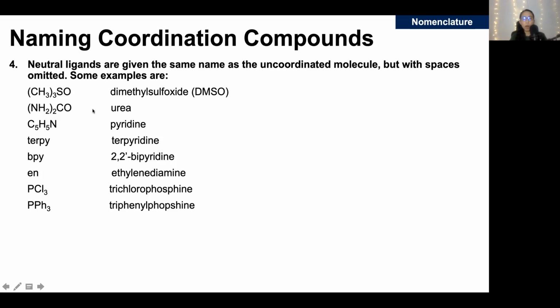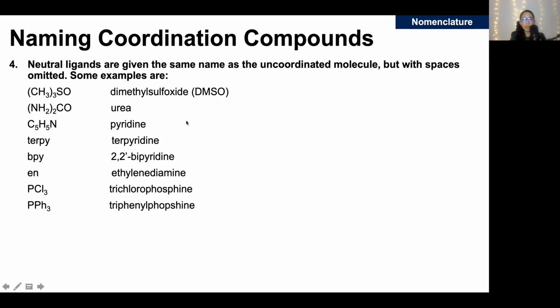Unlike water, right? Aqua, that's its name as a ligand. Ammonia, its name as a ligand is amine, right? So these neutral ligands, you retain their name, whatever their name is as free molecules, but you don't have spaces. Okay, so you have the spaces omitted. So for example, we've already seen pyridine, right?